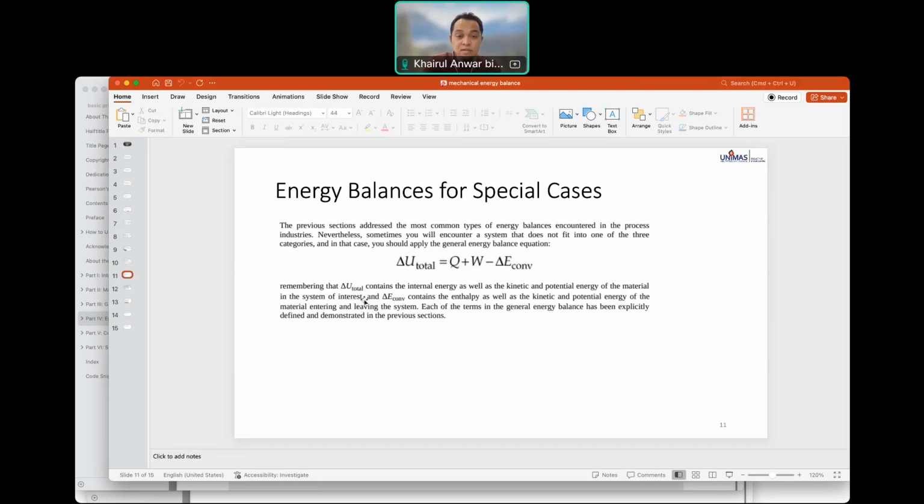Delta U refers to the internal energy as well as kinetic and potential energy of the material in the system of interest, and delta E conv is the enthalpy as well as kinetic and potential energy of the material leaving the system. Each term in the energy balance has been explicitly defined and demonstrated in the previous section.